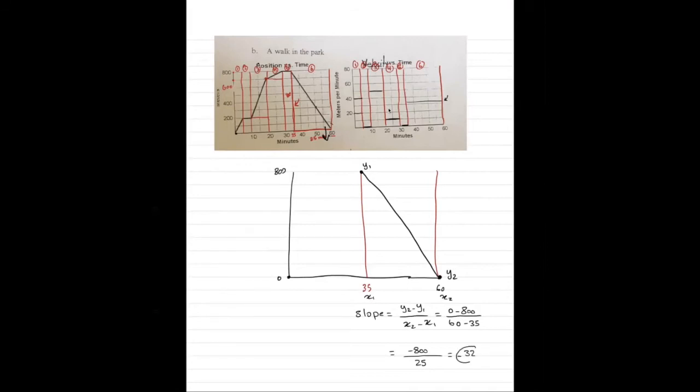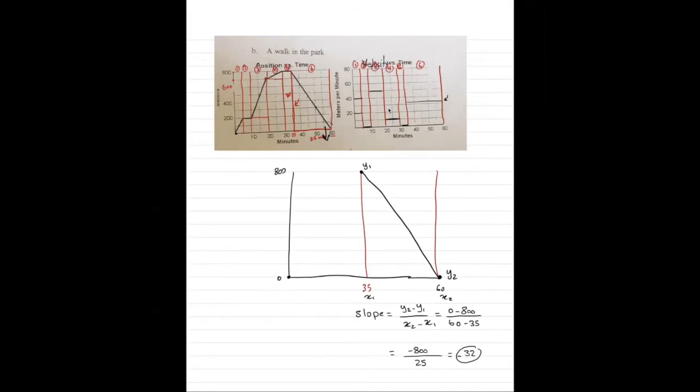So this is the slope. We get a negative slope. And why? The reason we get a negative slope is that the person who was walking had a velocity, but the direction of that velocity was opposite to the direction of his velocity initially. And because it was in the opposite direction, the person went back to their initial position.